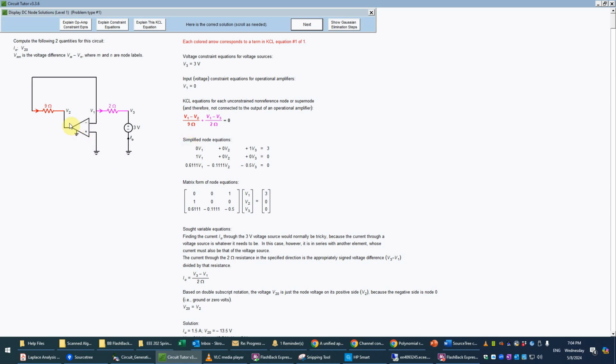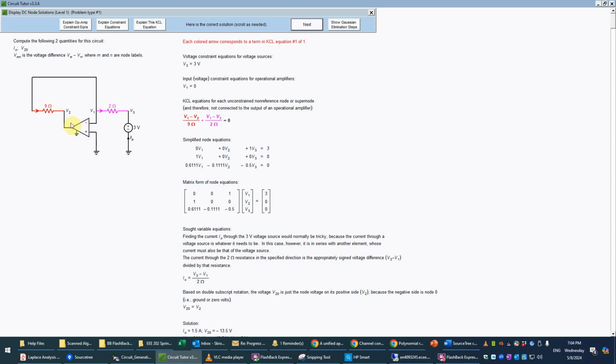We cannot write a KCL equation for the output of an operational amplifier because, as you will have learned in the introductory tutorial, this is equivalent to a dependent voltage-controlled voltage source, where the input voltage is the difference between the positive and the negative voltages on the input, and that controls a voltage-controlled voltage source connected to the output.